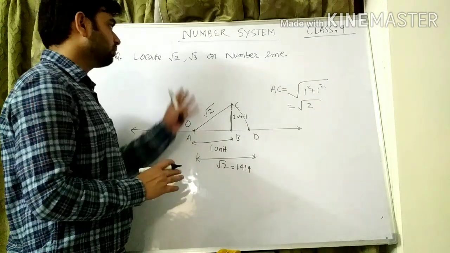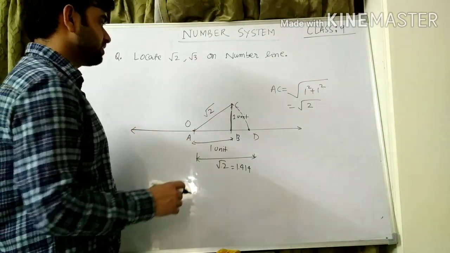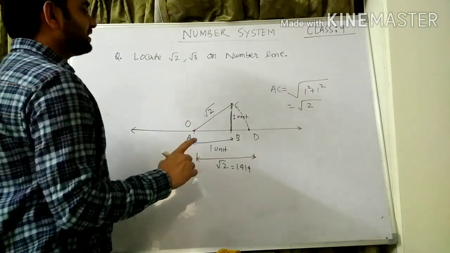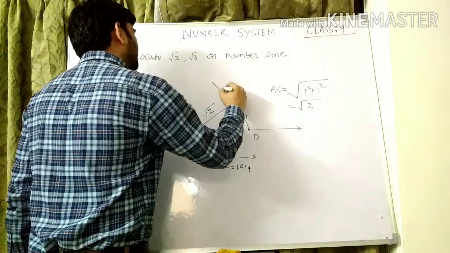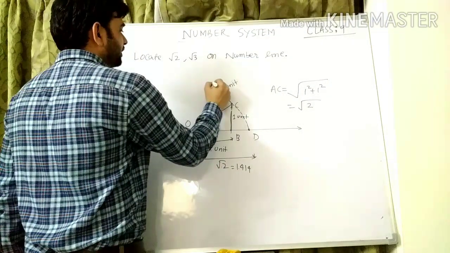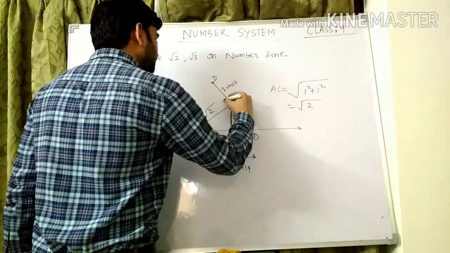We will continue to locate the point root 3. How can we locate it? On point C, we will make a line segment at a right angle with the length of 1 unit again. In this 1 unit, this point will be D and this will be 90 degrees.